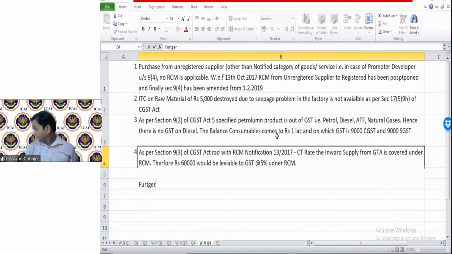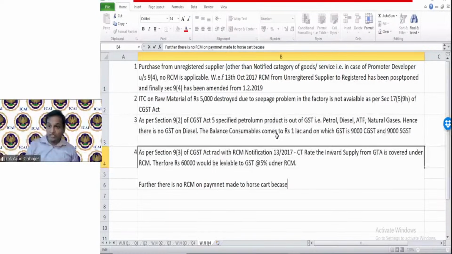Further, there is no RCM on payment made to horse cart, because... Janvi's point is correct, but the section number is incorrect.